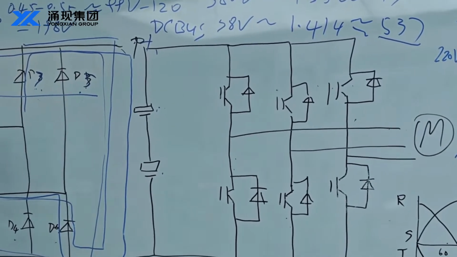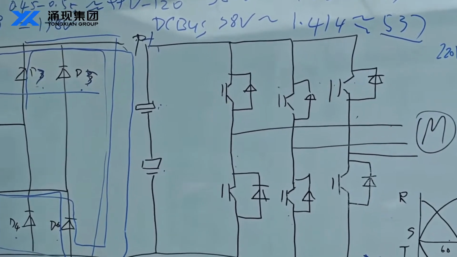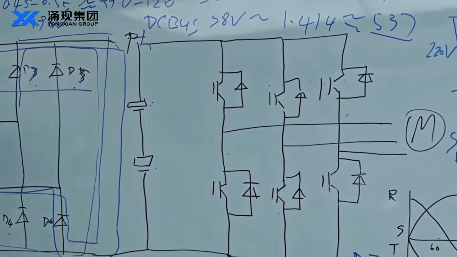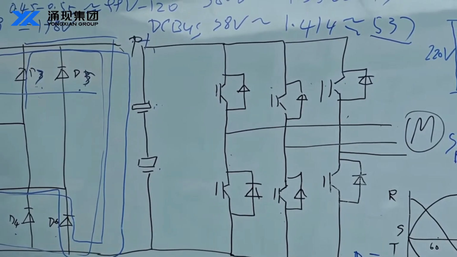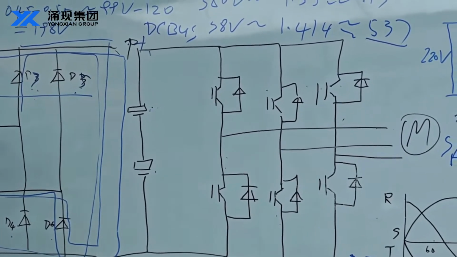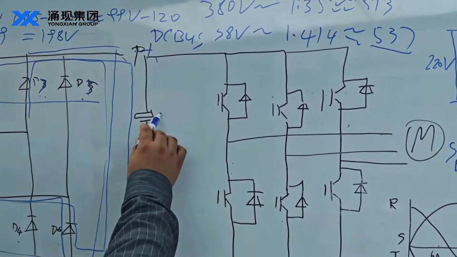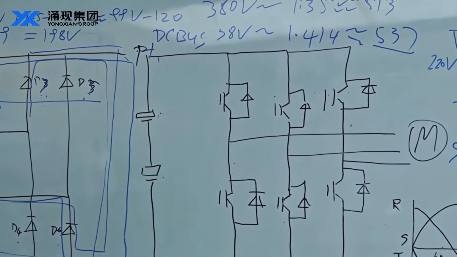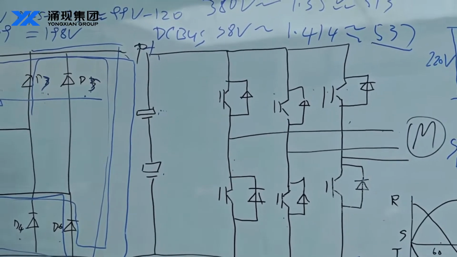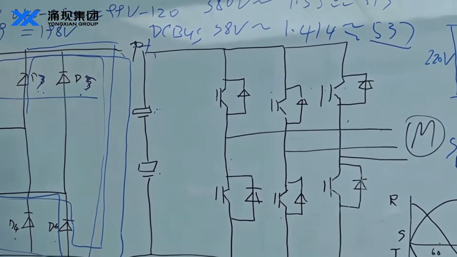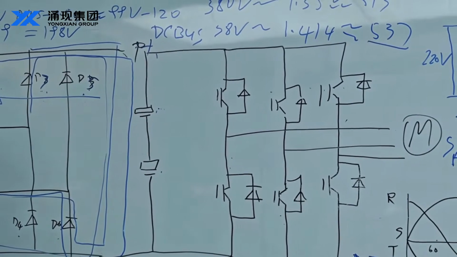A DC bus typically uses two capacitors connected in series. These high voltage rated capacitors share the voltage, producing equal voltages across each.